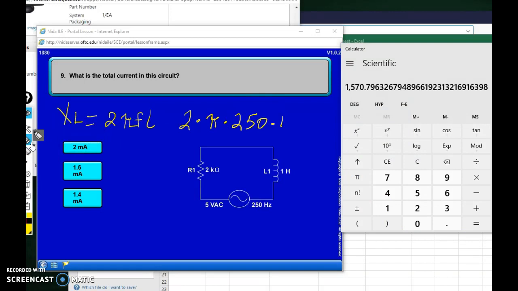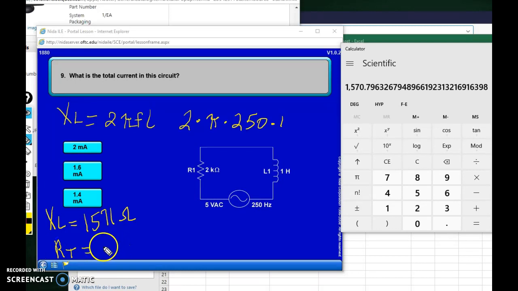So we're going to come over here and write our X of L. Because remember, this is a process. We've got to do A, then B, then C, then D. So X of L equals 1571 ohms. The next thing we've got to do is get R total. Well, that's easy.